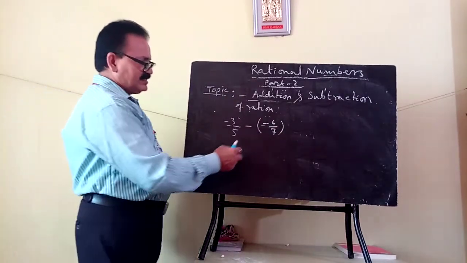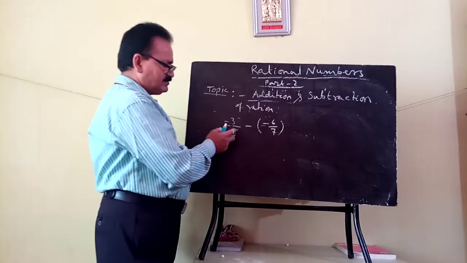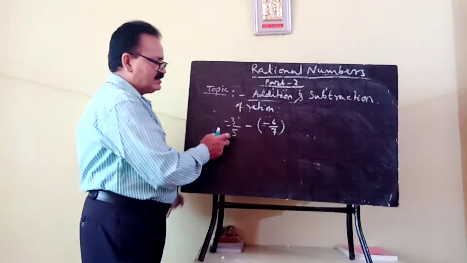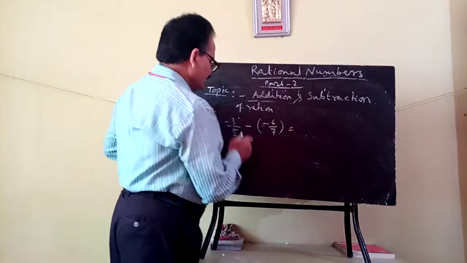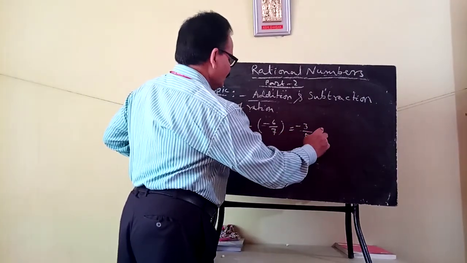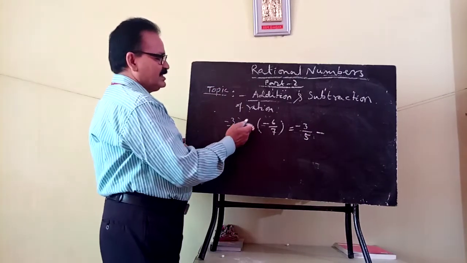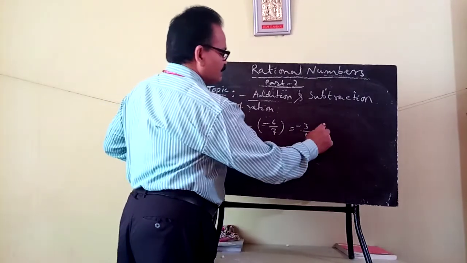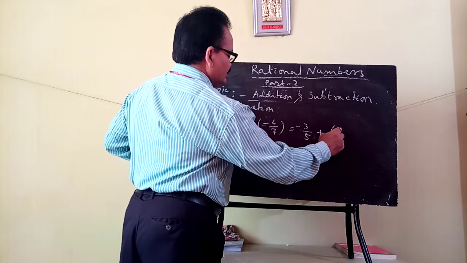We are subtracting -6/7 from -3/5. You write -3/5, put a minus sign, and this minus becomes plus, then 6/7.